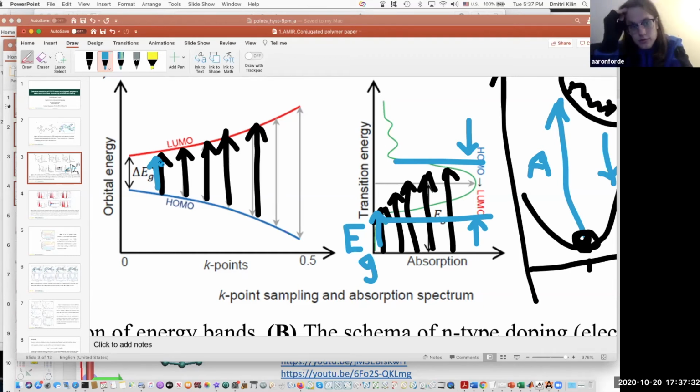So your E gap would be where your absorption begins, but then all the other features will be blue shifted from it, or higher in energy. So they have to be at higher energy on your transition energy axis.